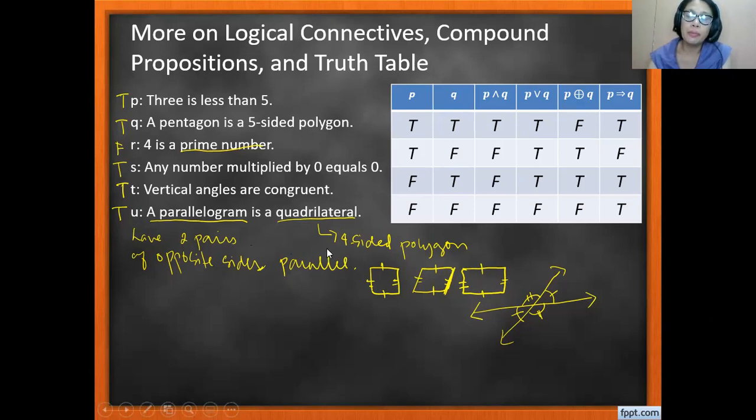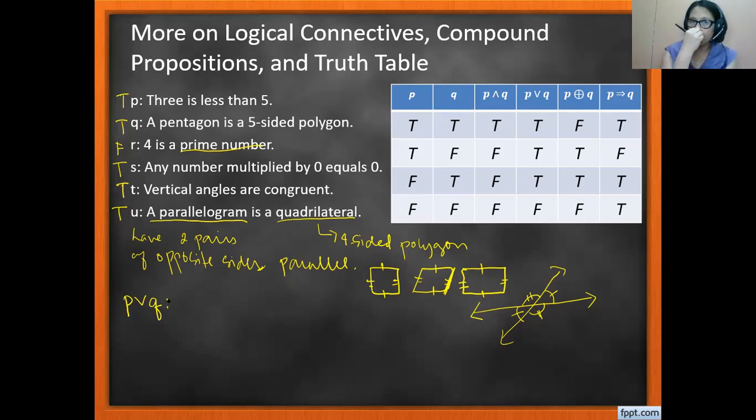Now we're going to combine these statements using the connectives, and we're going to identify the truth value. Okay? So P or Q. What's the truth value of P or Q?